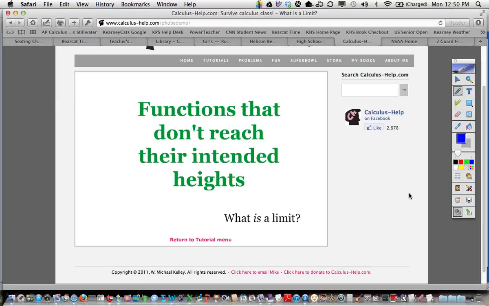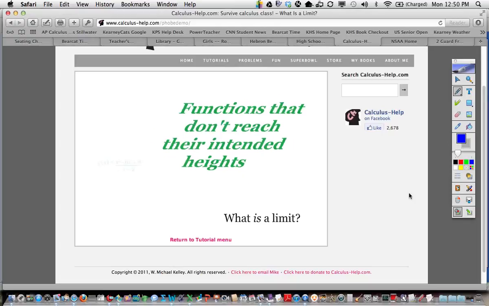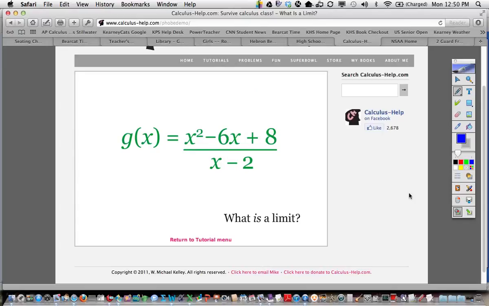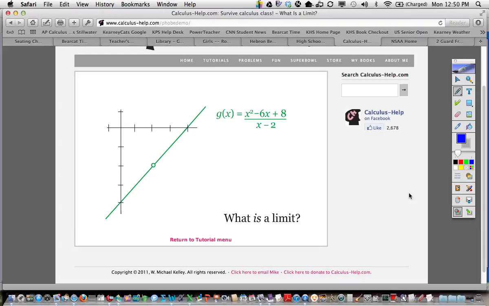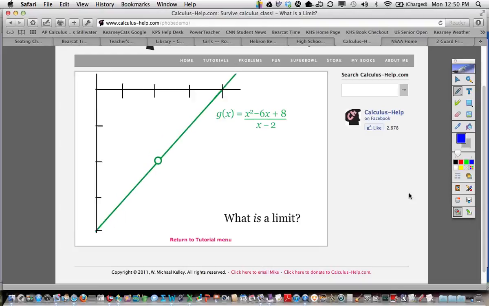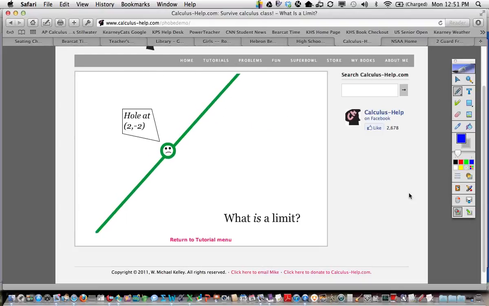There's nothing really earth-shattering about what we just learned. But that changes when we examine functions that do not reach the heights they intend. Take, for example, this function. G of x equals the fraction x squared minus 6x plus 8 divided by the quantity x minus 2. Here's what the graph looks like. It looks like a plain old line. Or does it?